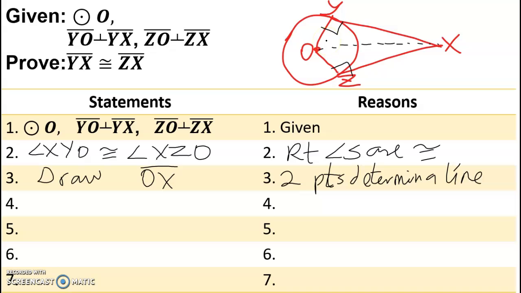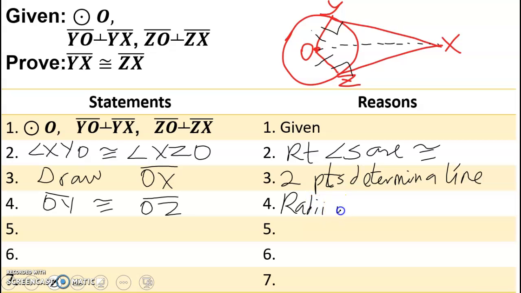And so we know OY is a radius, just like OZ. So we can say that OY is congruent to OZ. Radii of a circle are congruent. Okay, so we have side, we have angle.